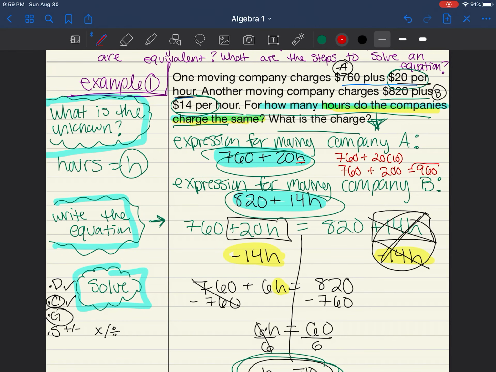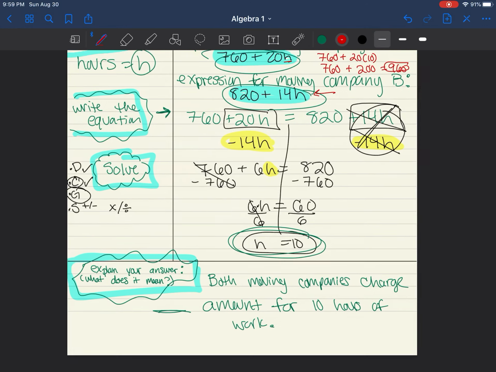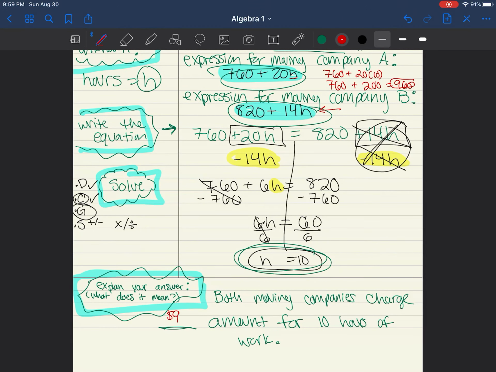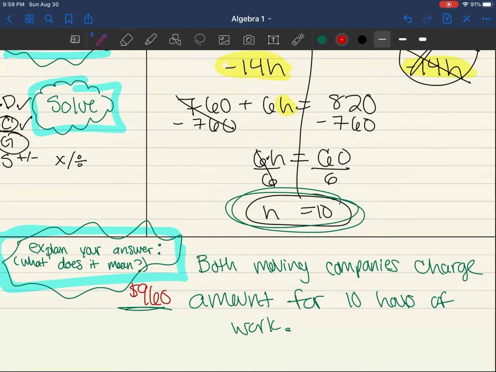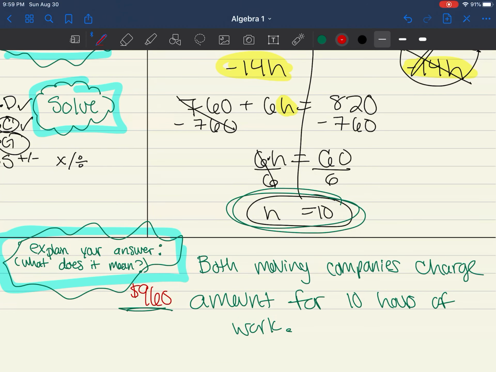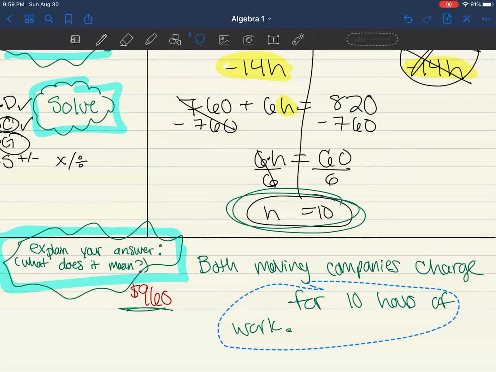And I would also get 960 if I plugged in here, so it doesn't matter which one I would have picked. So both moving companies charge $960 for 10 hours of work.